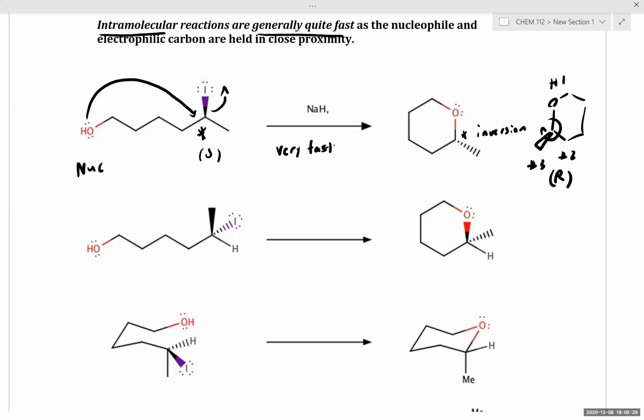If you try to do kinetic studies on these kinds of intramolecular reactions, you wouldn't see the typical pattern for an Sn2 reaction because by definition, there's only one reactant molecule. Nonetheless, you still see the same solvent effects and the same condition effects on the rate of reaction. But in general, these kinds of intramolecular reactions are very fast. Does that idea make sense to everyone?